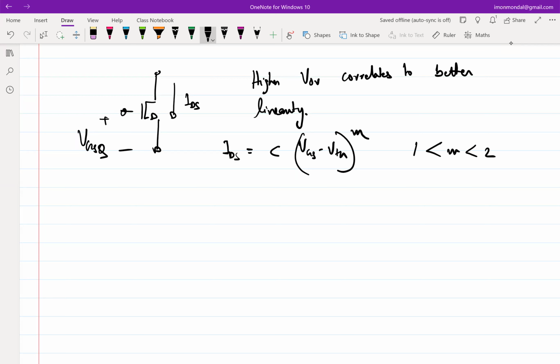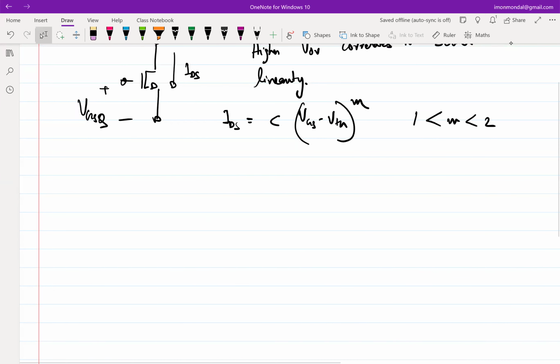We did this in the last class where m is equal to 2. The point that I am trying to drive home here is that even if m is not equal to 2, is some fraction also, if you do the math, it will come out as your linearity increases if your quiescent overdrive increases. Okay.